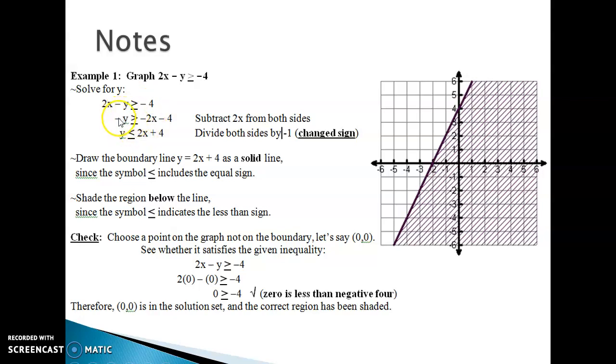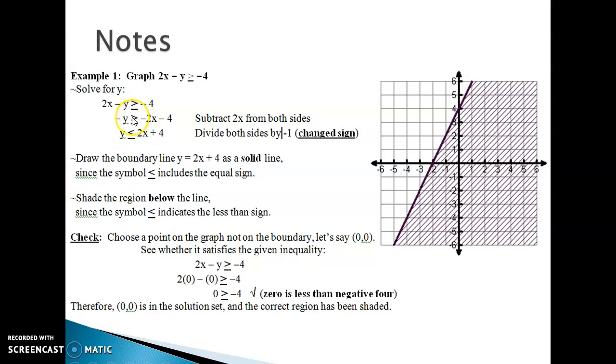Now, it's still not in slope-intercept form because this is a negative y. Slope-intercept form is y equals, not negative y equals. So the last step is to divide by negative 1. To review, anytime I multiply or divide by a negative number in an inequality, you must flip your inequality symbol.